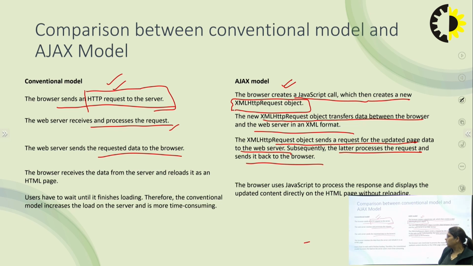Now the next difference is that the browser receives the data from the server and reloads it as an HTML page. Means once the browser receives the data from the server, it reloads the whole HTML page. But in the case of the Ajax model, the browser uses a JavaScript process to respond and display only the updated content directly on the HTML page without reloading the whole page.